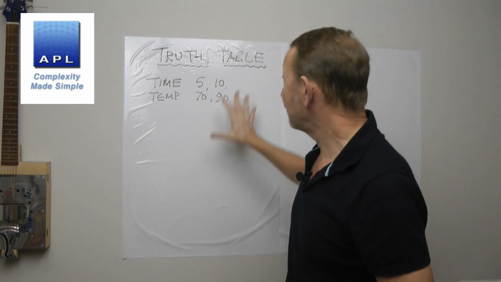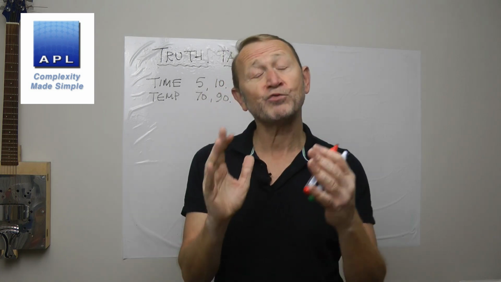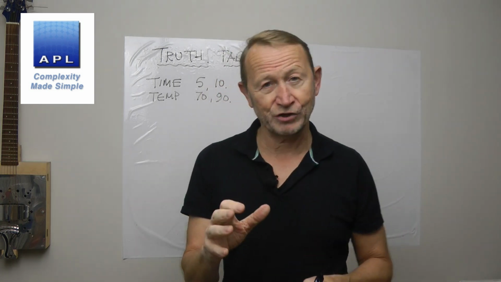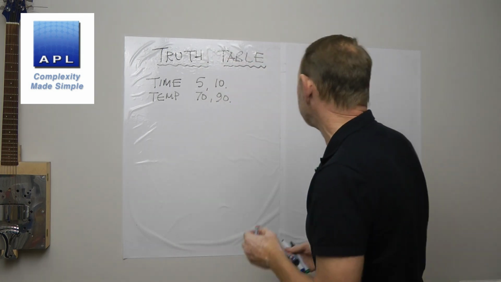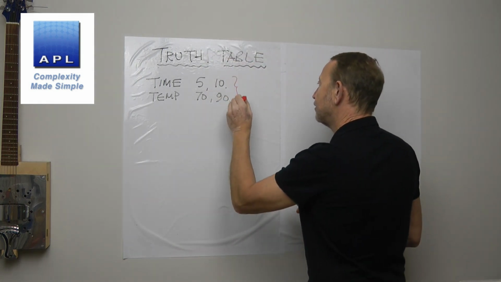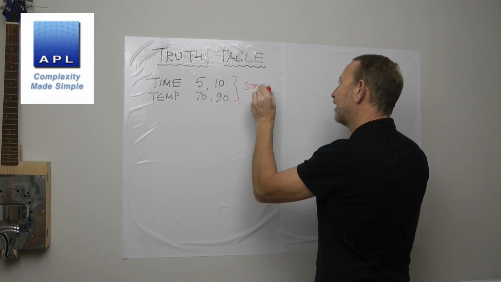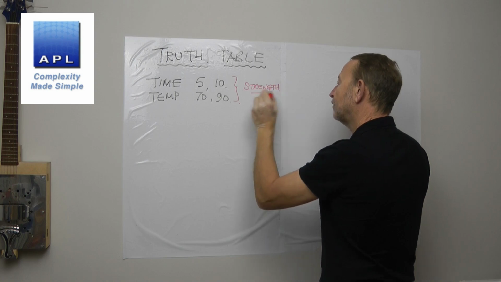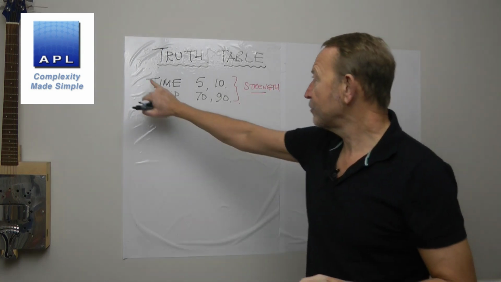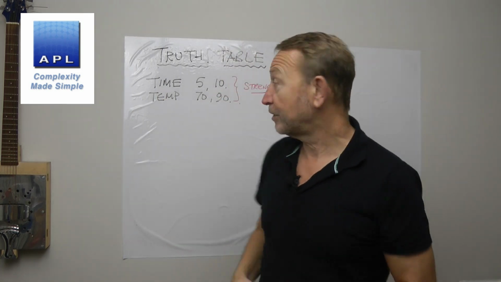Okay, so that little window there, the 5 and the 10, the 70 and the 90, that's where you're going to have to use your engineering skill to decide that. And then what we're trying to understand, let's say, is the effect of those two on the strength of the final product. So here are the inputs, here is the output, okay?